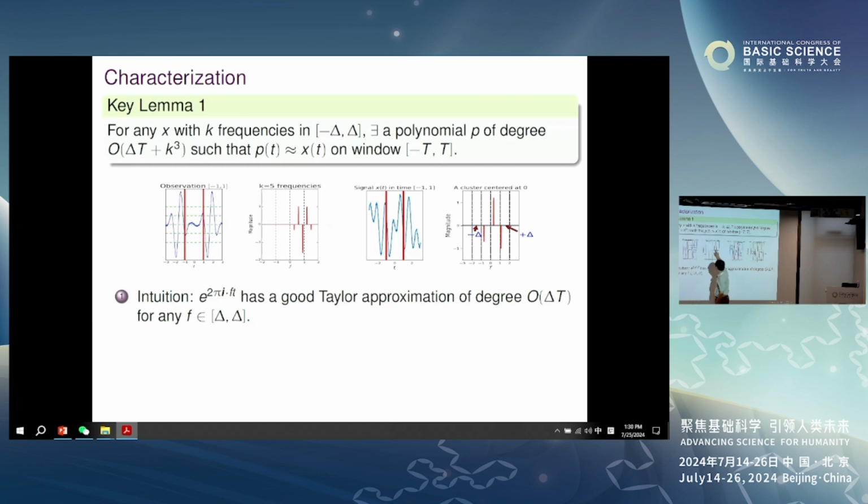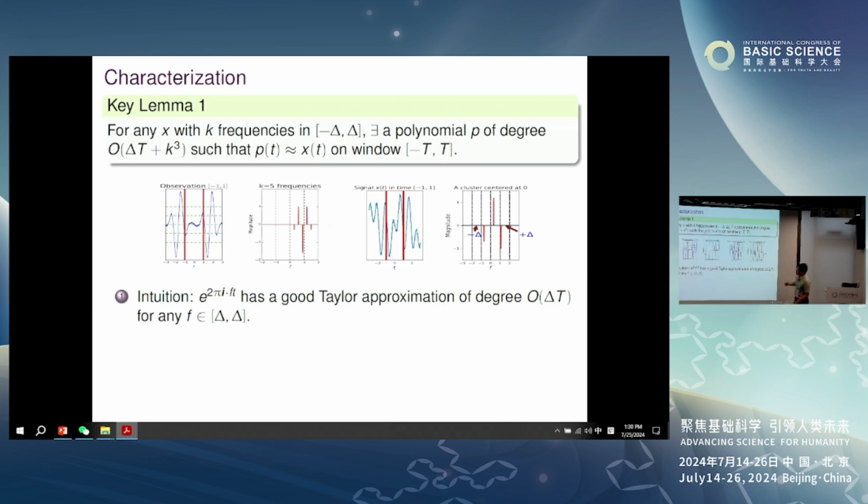Of course, you can believe this from these two examples. When the frequencies are close to each other, this looks like a smooth polynomial, and similar things hold on this side. It is not as smooth here, but you can still use a higher degree; the degree goes from k equals 3 to k cubed. So it's believable that we can use a polynomial to interpolate this part.